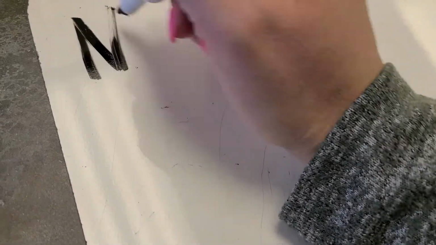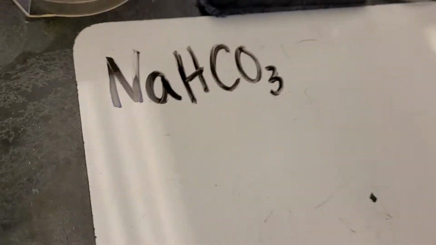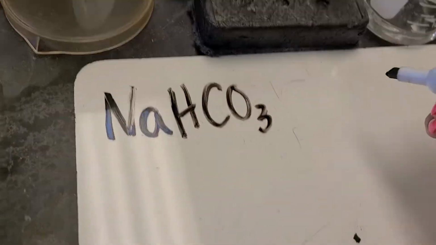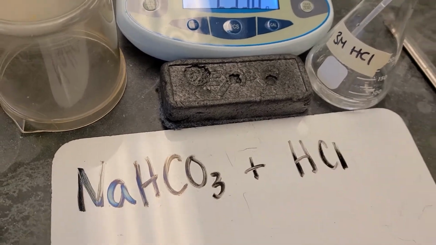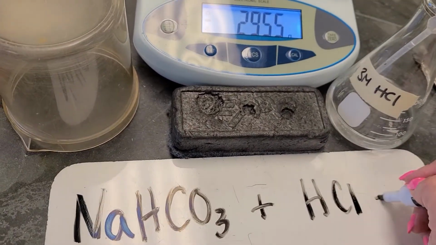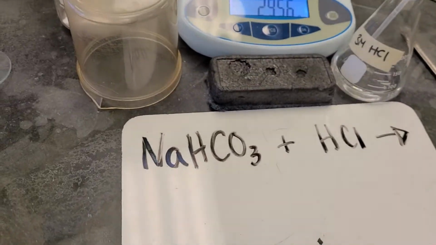So we started with baking soda, which is NaHCO3. There's the chemical formula for the baking soda. We added the hydrochloric acid, which is HCl. So I did tell you in the lab that this is a double replacement reaction.